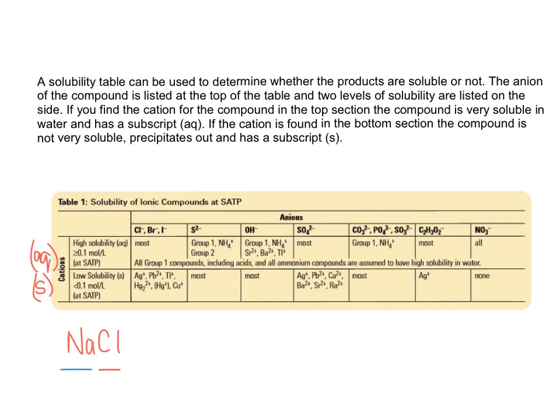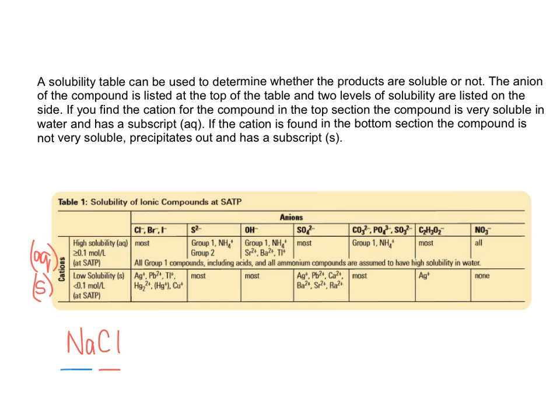So now we're going to look and see where sodium falls in the chloride column. It says here most are soluble. All group 1 compounds, sodium's group 1, including acids, and all ammonium compounds are assumed to have high solubility in water. So sodium is a group 1 metal.